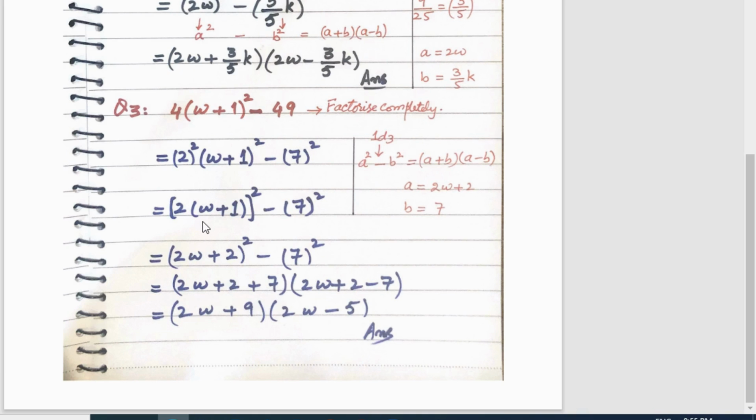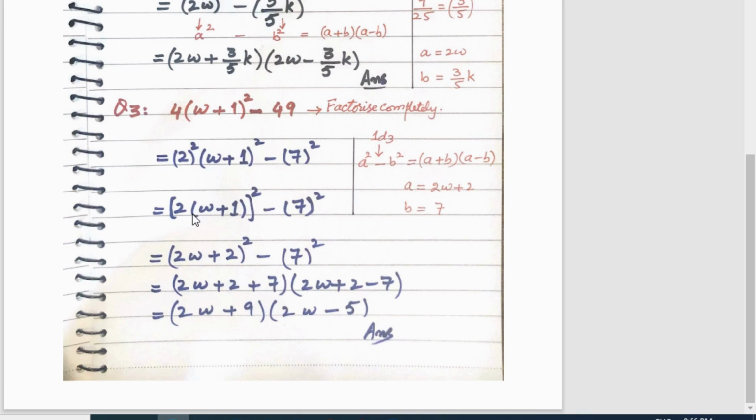So we will write down 2 square into (w plus 1) whole square as (2 into (w plus 1)) whole square. It means this is the square of 2 as well as the square of w plus 1.